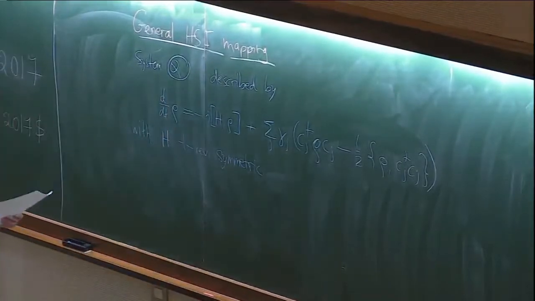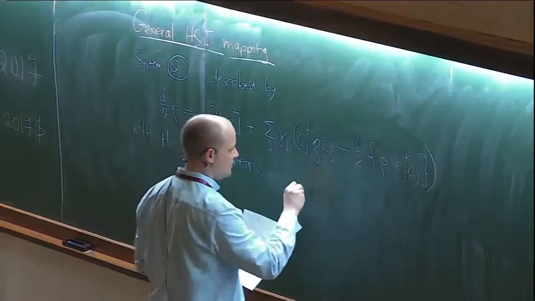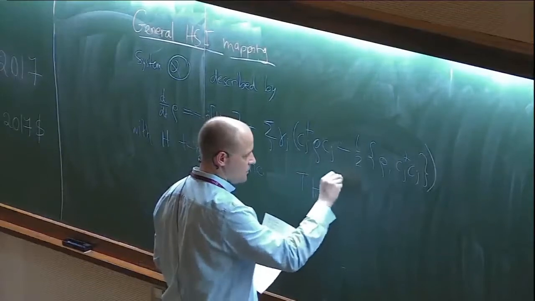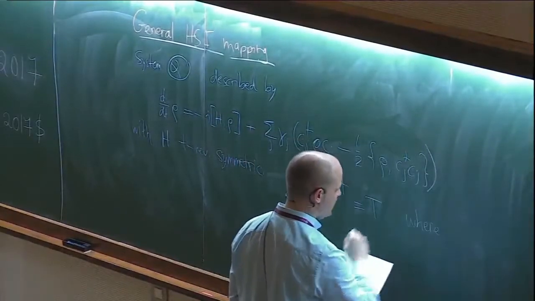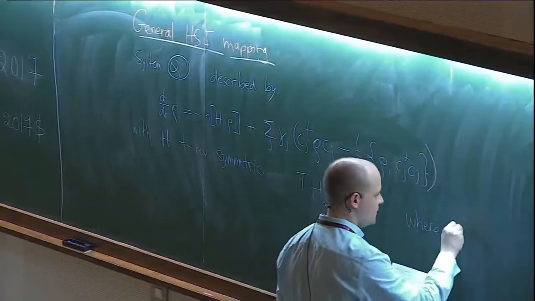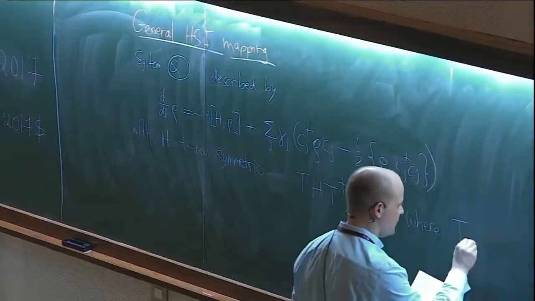And so it'll be good to remember that that means we can write T H T dagger is H, where according to Wigner's theorem, T is an anti-unitary operator that can be written.